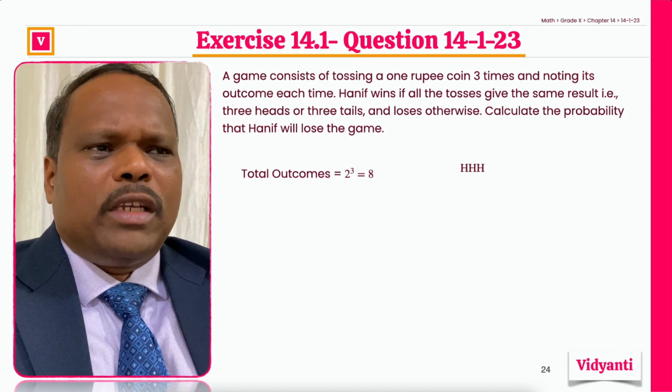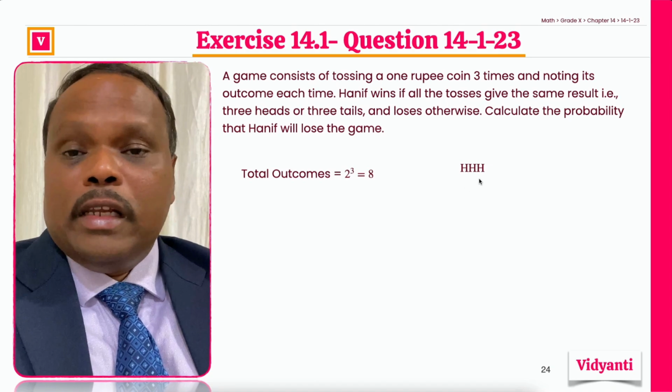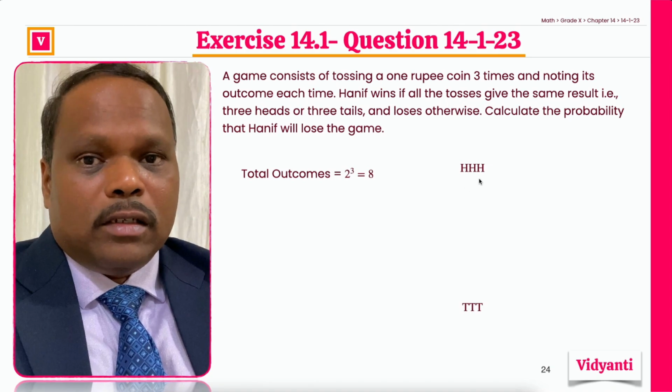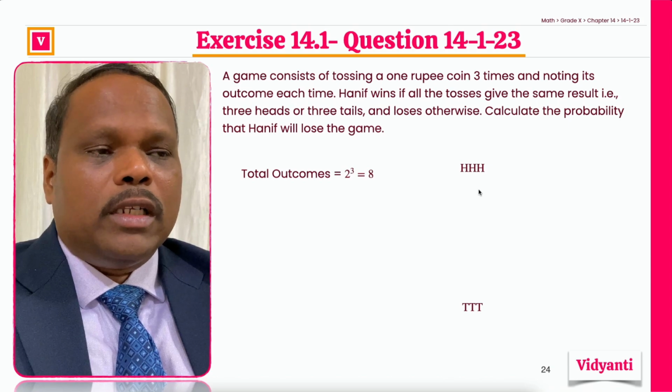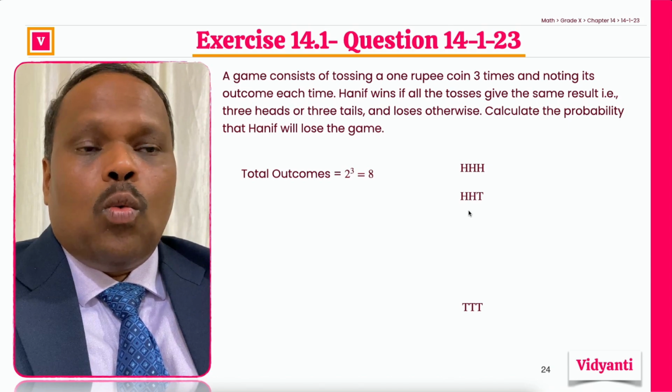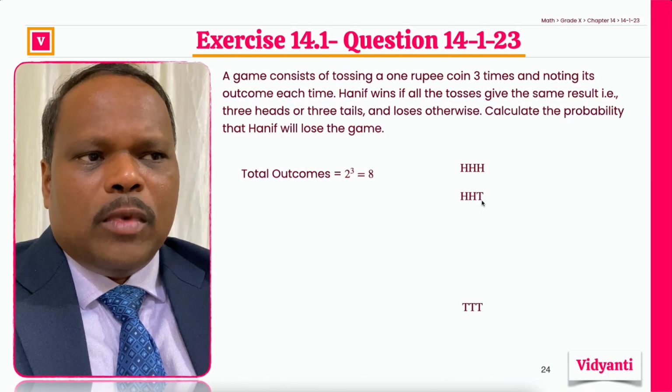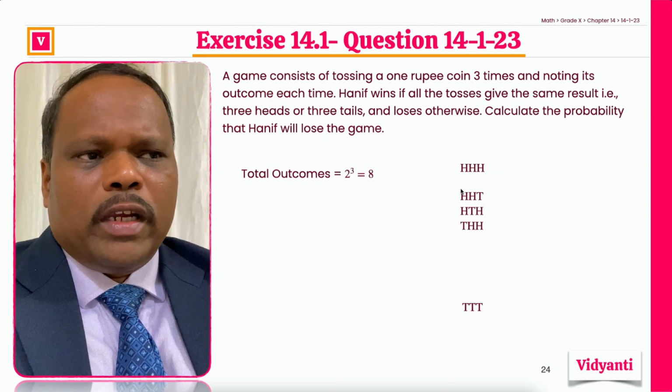So I'm going to make some rule or some logic out of it. Well, all 3 can be heads, all 3 can be tails. So I cover at least 2 possibilities. Then I can get one tail. That one tail can be in the last, in the middle, or in the first. So if I get one tail, there are 3 such possibilities.